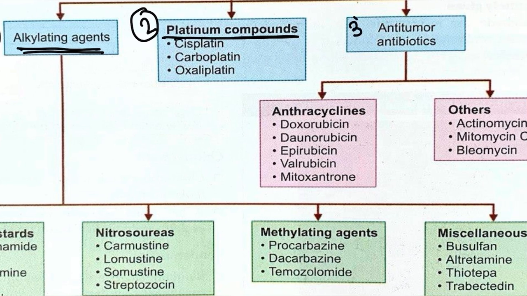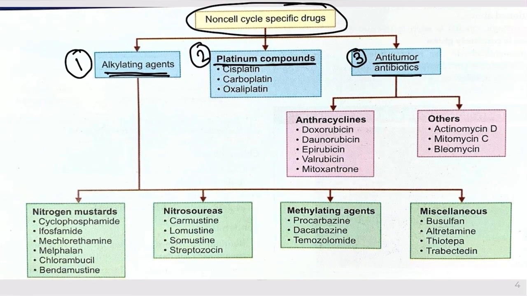And number 3, anti-tumor antibiotics. These are antibiotics but used to treat cancers. So these are the broad classification: alkylating agents, platinum compounds and anti-tumor antibiotics.